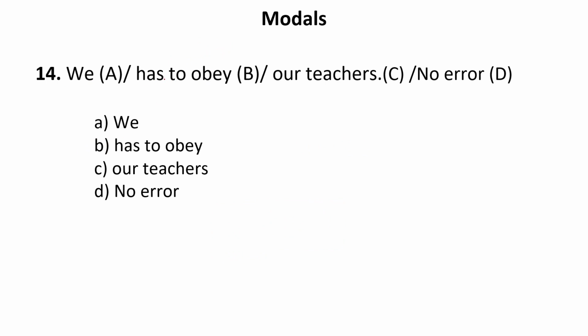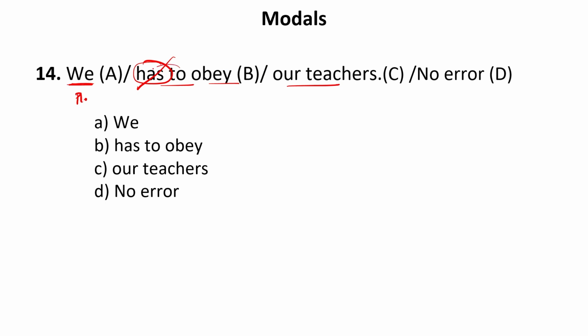The sentence is, we has to obey our teachers. Now in this sentence we can see we. We is a plural subject, and with a plural subject we use a plural verb only. Now this has is incorrect because after we should have, not has. Also, this is just a piece of advice.